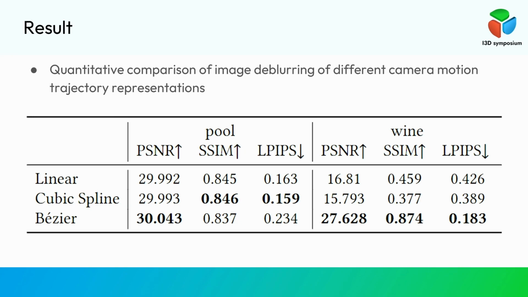However, for the high-level motion blur scene, for example the wine scene, the camera may move fast within camera exposure, and the motion trajectory could be complex. At this time, the simple curve interpolation might not be enough. So the higher order Bezier curves came into play and showed better results compared to the other two methods.